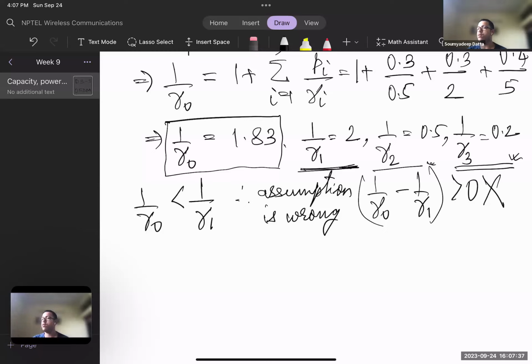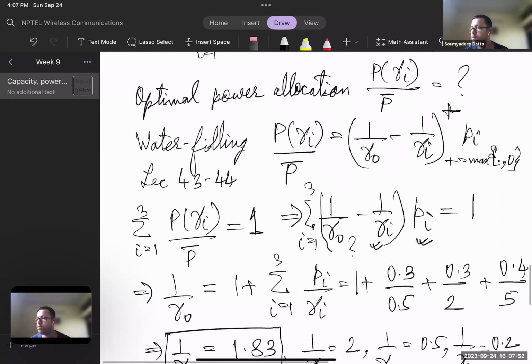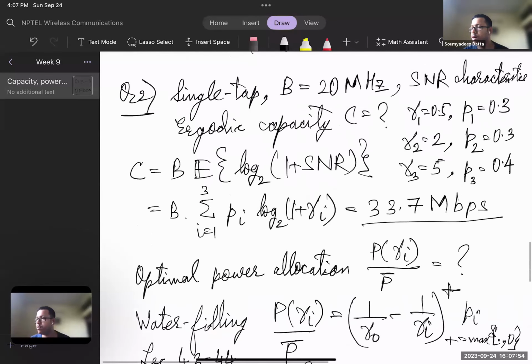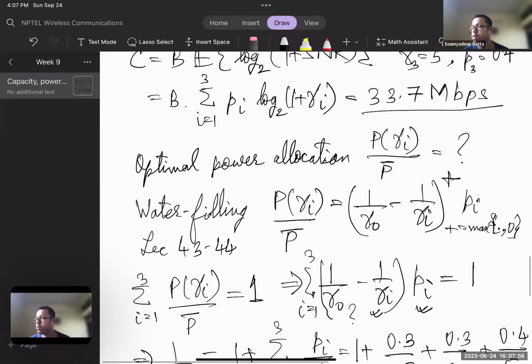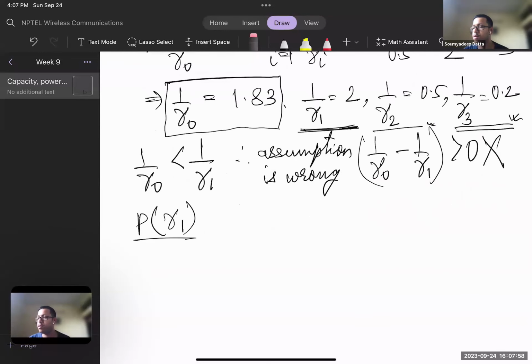So for sufficient transmission, I'll have to ignore the weakest channel, right? So essentially, the power allocated, P of gamma 1 by P bar, is equal to 0.